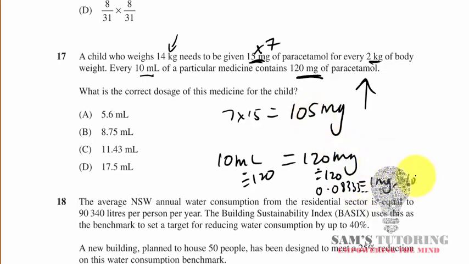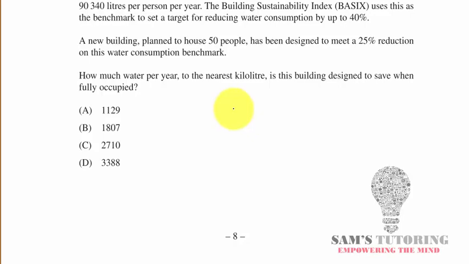Times this number in your calculator by 105 and that should give you 8.75. You would already know these two answers would be wrong because 120 is for 10, you only had 105, so this is too big, this is too big. So you're tossing up between these two, and it couldn't be 5.6 because that's half of this. So 8.75 would have been the answer without doing more calculations. Alright.